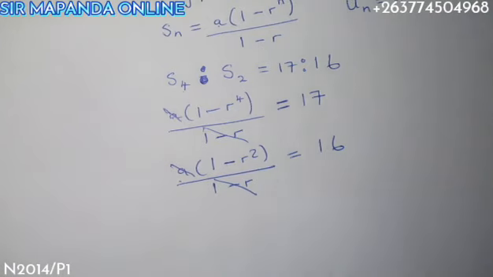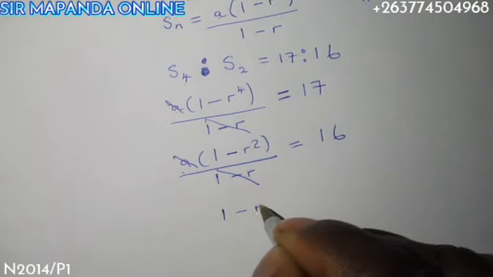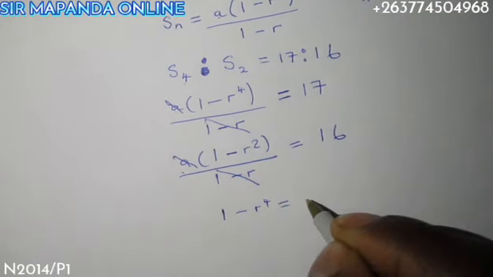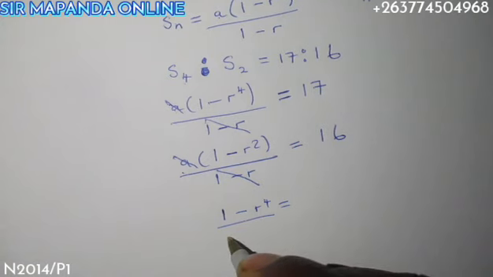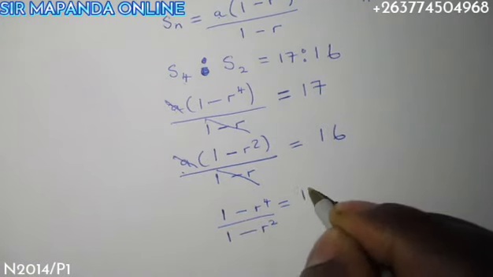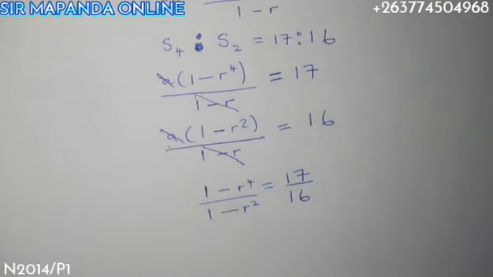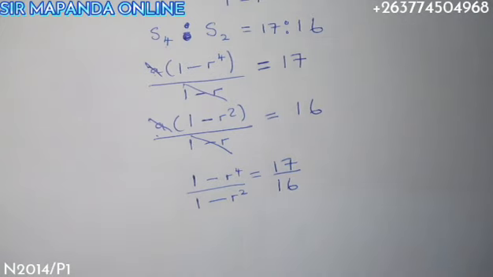So a and 1 minus r are now out; they don't affect the ratio. You are now left with 1 minus r to the power of 4 divided by 1 minus r squared, equals 17 over 16.